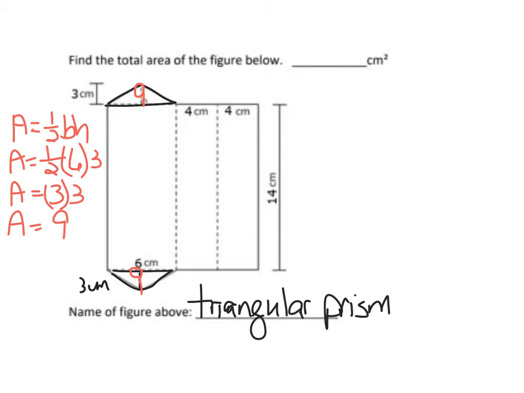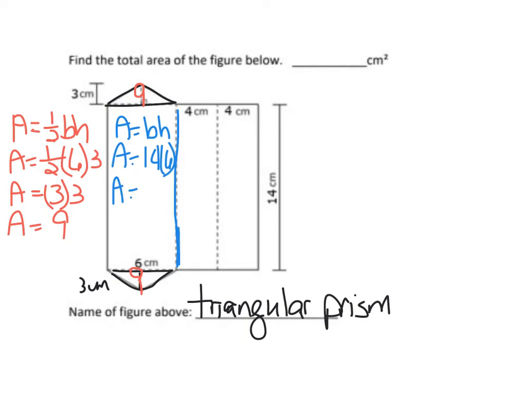So let's look at the rectangles. Let's do the big rectangle that's connected to the bases. So we have 6, and what's this measurement? 14. So then all we have to do is area of base times height, which equals 14 times 6.